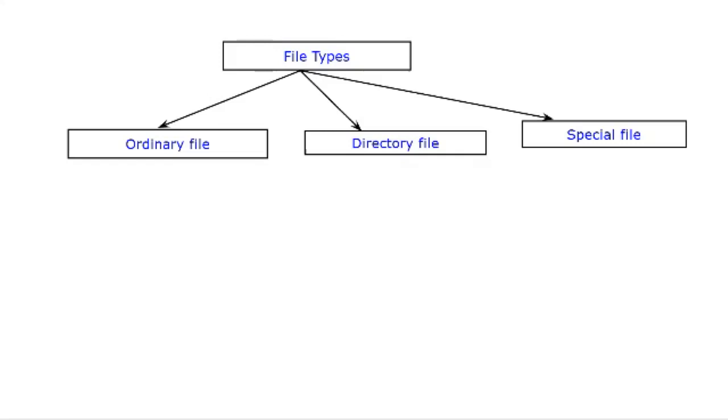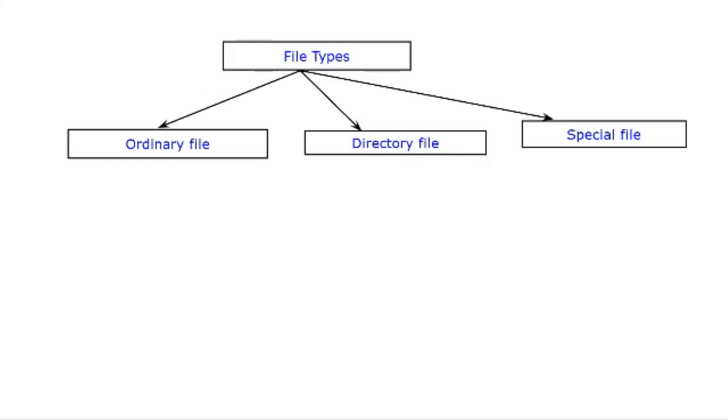What is an ordinary file? These are the files that contain user information. These may have text, databases, or executable programs.